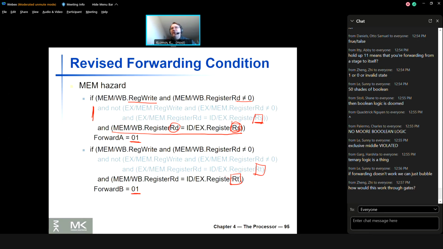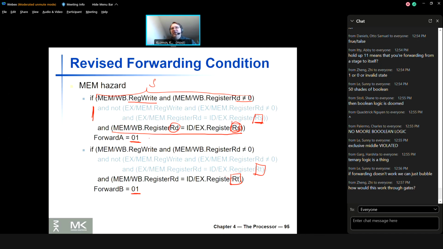How would this work through gates? Well, this is exactly what you will be doing, kind of similar to what you are doing in the project, right? An if can be implemented just as a multiplexer. So you have your condition as the selector signal, and then you are choosing between two or more choices.